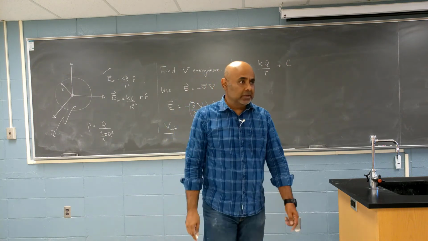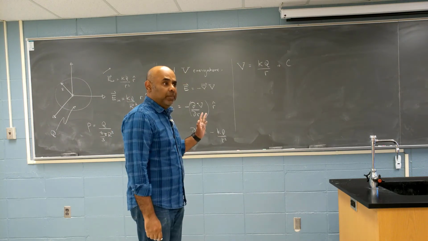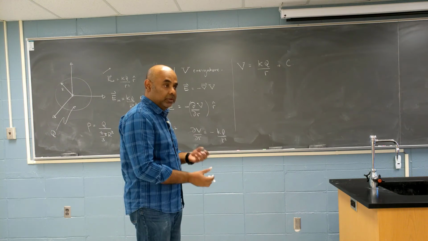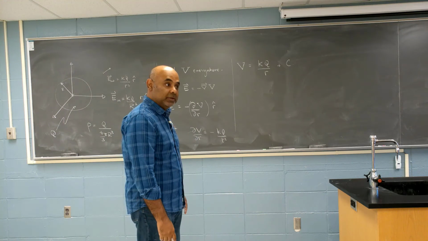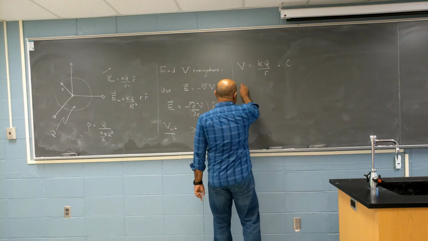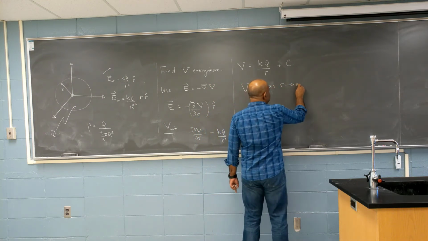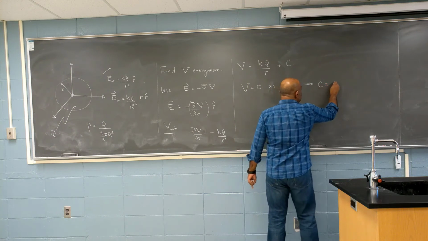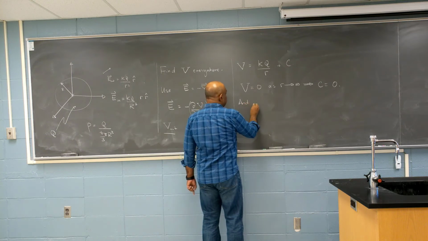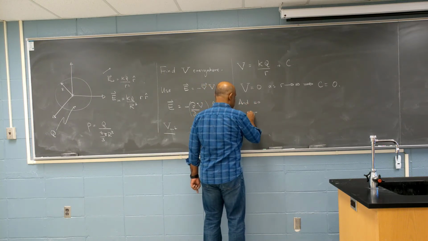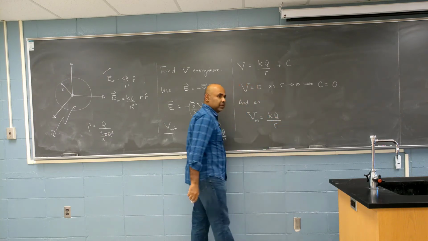When you integrate, there's always an integration constant. Now, what did we want? Whenever possible, when you have a bounded distribution, we want the potential to go to 0 as r approaches infinity. So V equals 0 as r approaches infinity implies c equals 0. And so we have that. Nothing miraculous about this. We have found this out before as well.